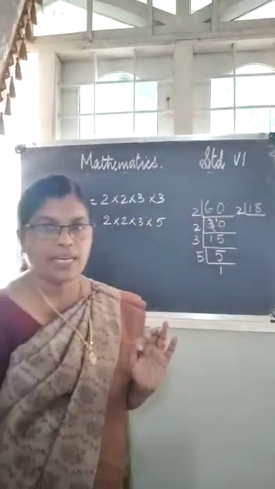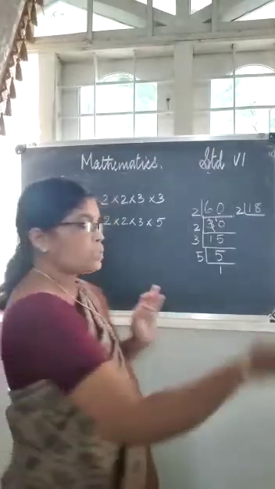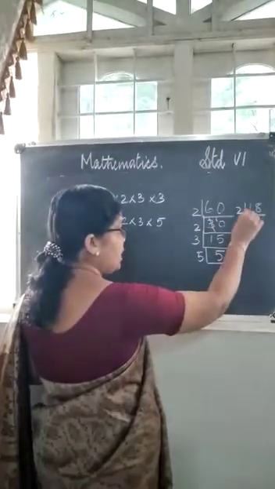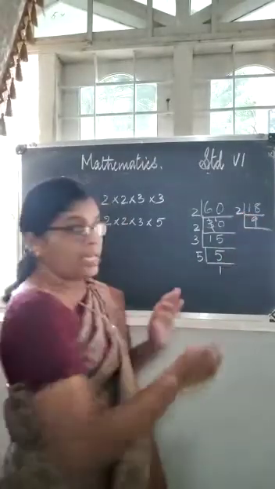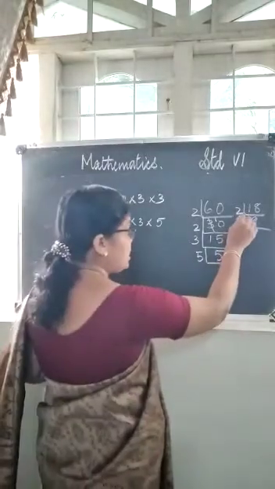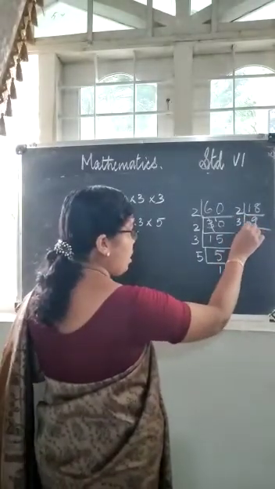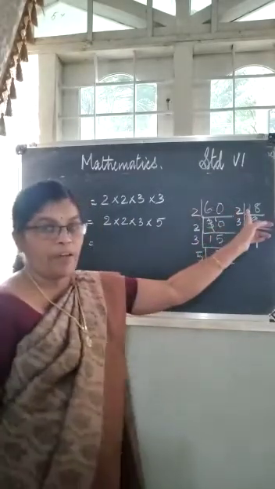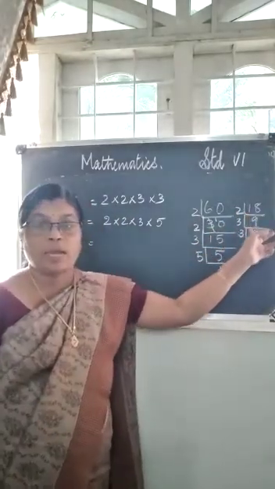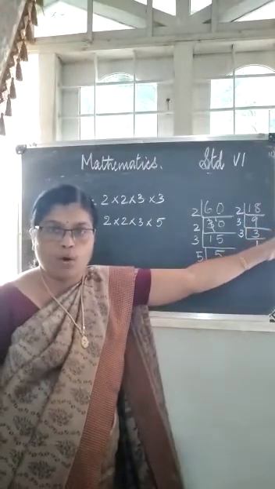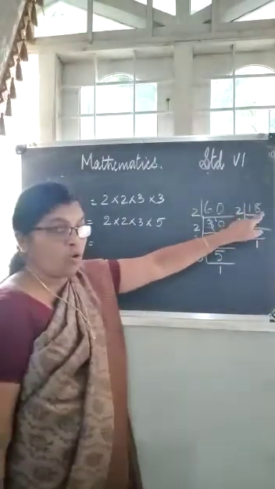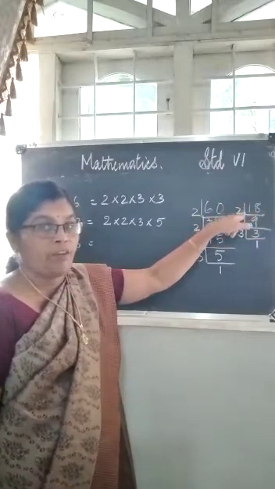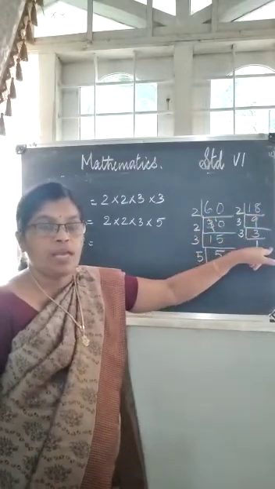How many 2's are there in 18? 9 2's are 18. Again we can divide this 9 by 3, 3 3's are 9. Then again we divide by 3, we get 1. The only factors are 2 and 3, and 2 and 3 are prime numbers. 18 is a composite number, but in its factorization there are only prime numbers.